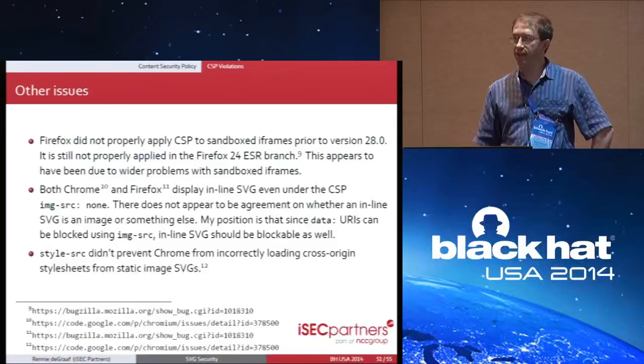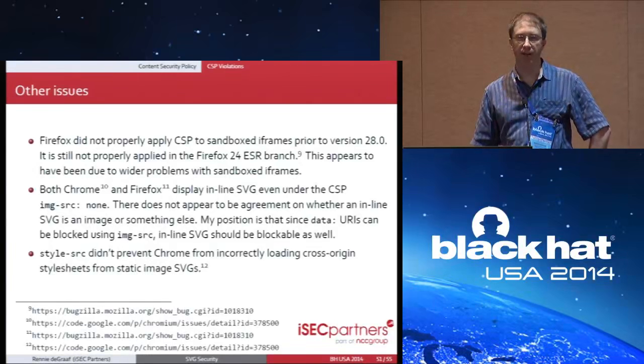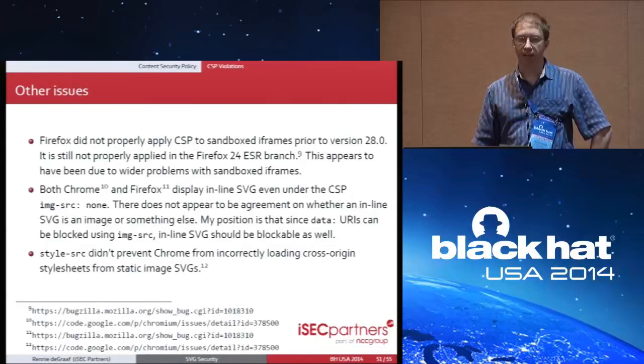My position on that is that since inline images with data URIs can be blocked with CSP, then inline SVG should also be blockable. Although if you have a good argument on the other side, I'd like to hear it. And if you recall from before, when I was saying that Chrome was incorrectly loading cross-origin style sheets from static images, putting style source with CSP didn't affect that either.